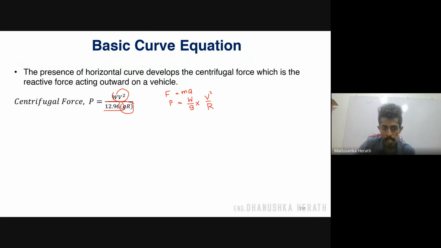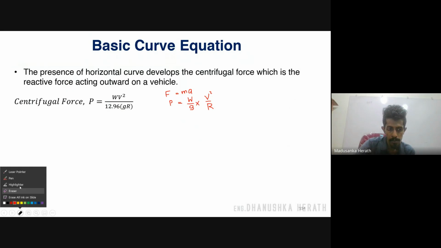Then what is this 12.96? That is from the unit conversion. We apply V in kilometers per hour, R in meters, G in meters per second squared, and W in kilograms. So likewise we have different units, and when we convert those units, this 12.96 will come.